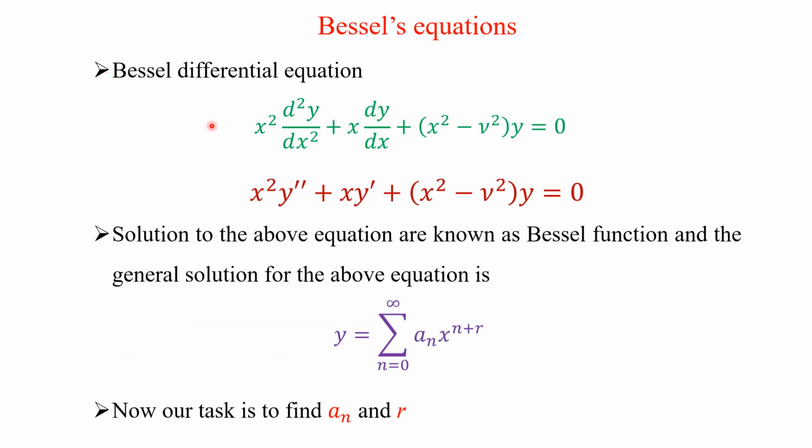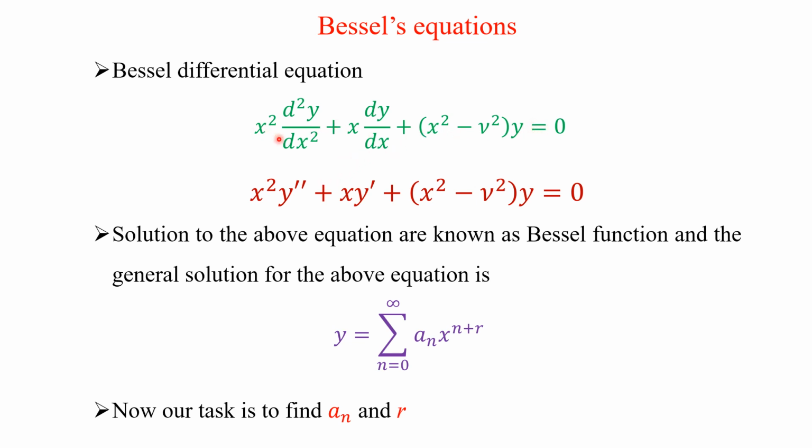And the following is the Bessel differential equation, which has this form, that is x squared d2y over dx squared plus x dy by dx plus (x squared minus nu squared) y, which is equal to 0.